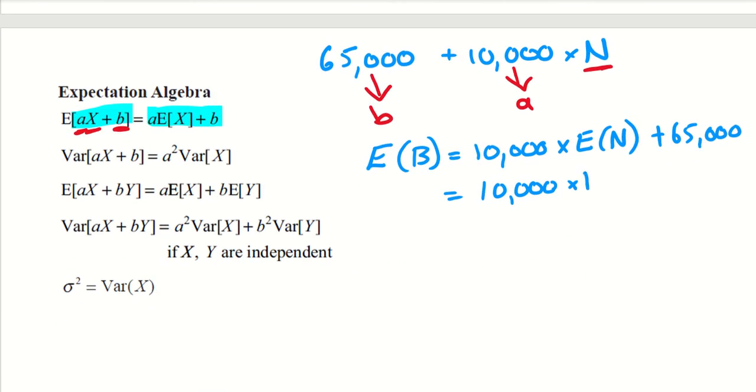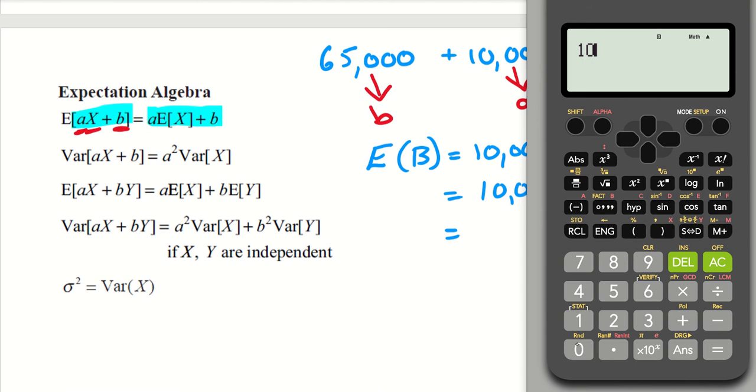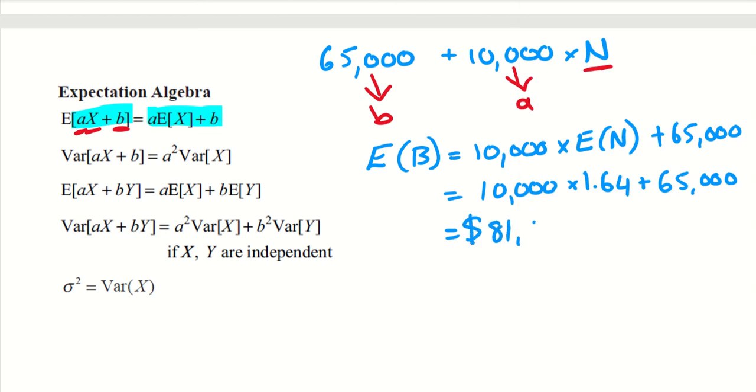So times 1.64 plus 65,000. If I get my calculator for that, 10,000 times 1.64 plus 65,000 gives me 81,400. So that's how much I expect company B's plan to cost.